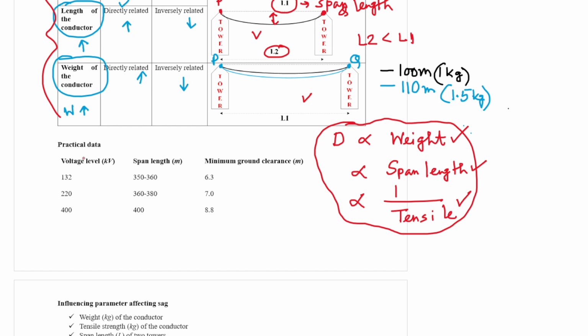Now some practical data is given here. Let us say we have a 132 kV transmission line. Now two parameters are extremely important. Let us say we have tower number 1 and tower number 2. What is the distance between these two towers, which is called span length?